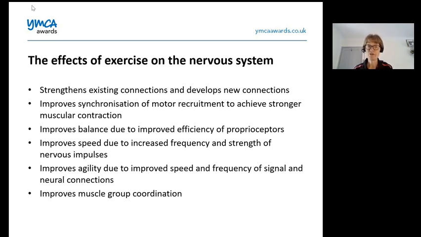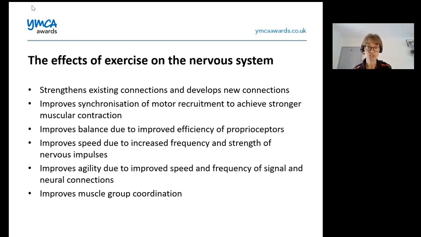Our balance improves because all the proprioceptors within our muscles and tendons become more efficient and more practiced. So we get better firing of muscles to help us improve our balance. We get better speed due to the increased frequency and strength of nervous impulses.